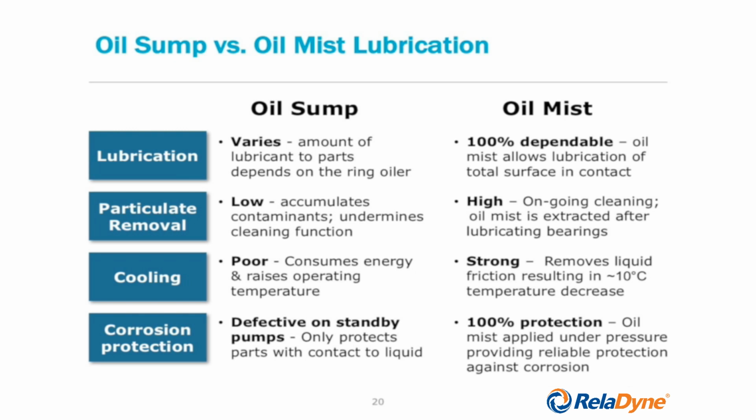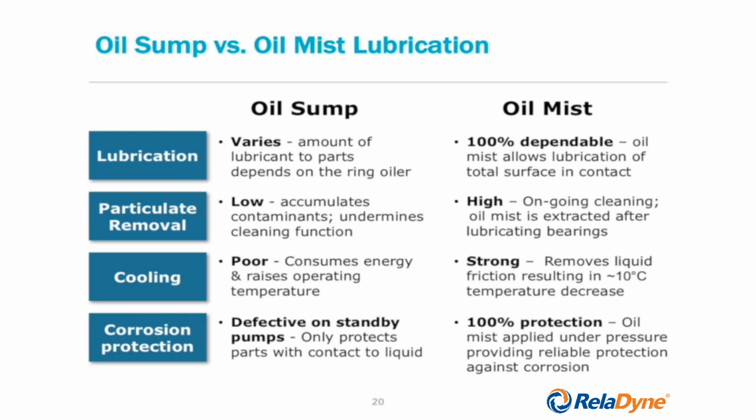There's a strong cooling action because we remove liquid friction, and liquid friction that is being removed or reduced is going to reduce our pump operating temperature or bearing housing operating temperature generally by as much as 10 degrees centigrade.